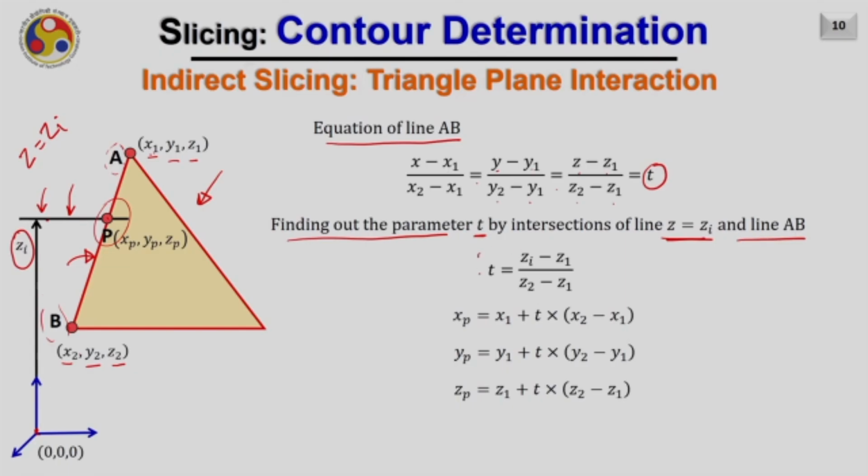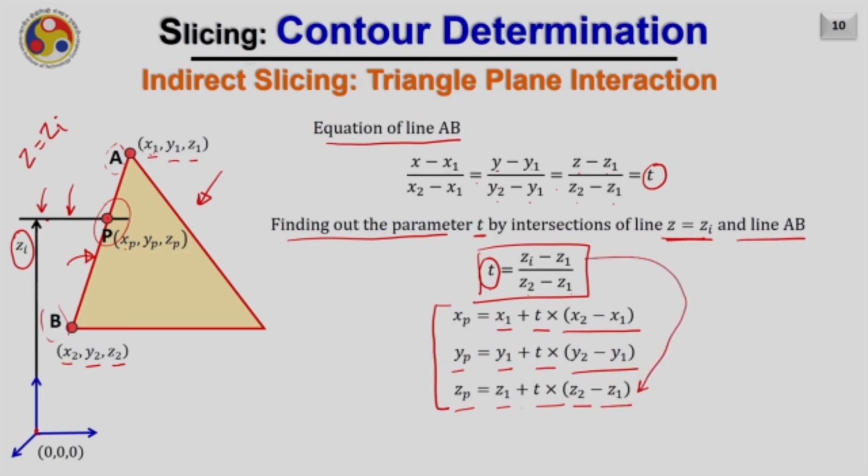And hence what we will get is t equals (zi minus z1) divided by (z2 minus z1). Once we know t, we can easily find the coordinates of point P. Those will be xp, yp and zp. xp will equal x1 plus t into (x2 minus x1). yp will equal y1 plus t into (y2 minus y1), and zp equals z1 plus t into (z2 minus z1).